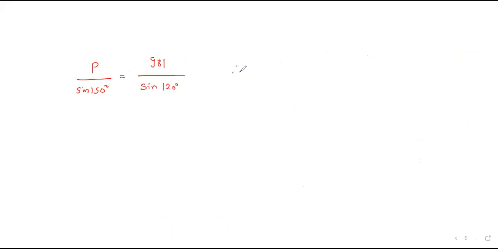Now, if you solve this, you will get the value of P. Therefore, P is equal to 981 divided by sine of 120 degree into sine of 150. Let me know the value of force P after solving this.